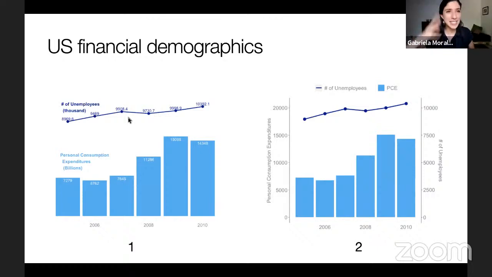So these things are very interesting. You can find very interesting insights from just looking at the data like this. Like you would expect as this number of unemployees is growing, the expenditure goes down, but it's not that way. The expenditure is also growing. So why is this?